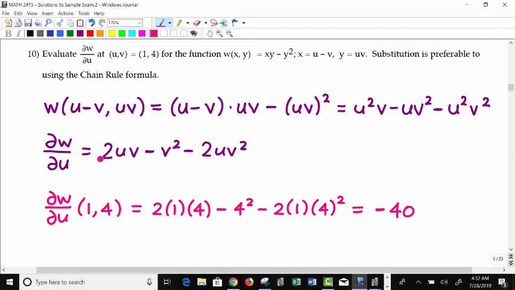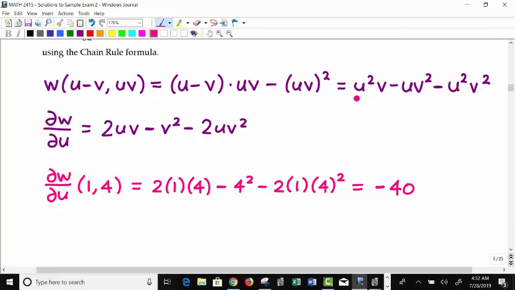So the partial with respect to u. Oh, this was only asking for the partial with respect to u, but you know what? I might just verbally run through what the partial with respect to v is. I won't write it, but I'll just say it and walk you through it. But this was only asking for respect to u, so the derivative of u squared v with respect to u would be 2uv, and then the derivative of u is 1, so you'd have minus v squared here.